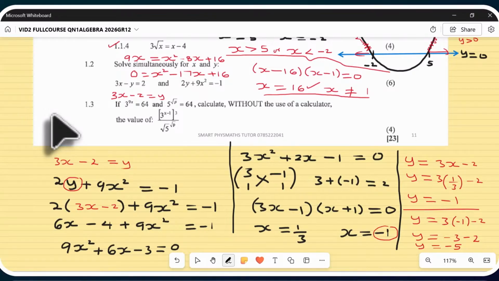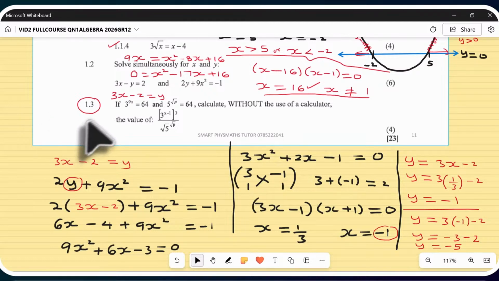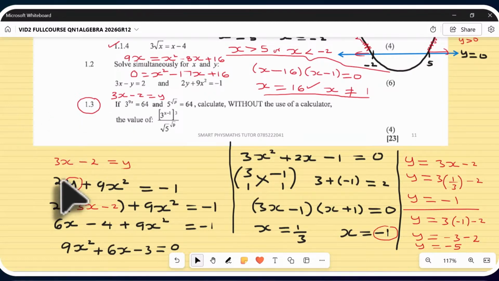Okay, so to start with here, I need some space, guys. I'm going to do it like this.